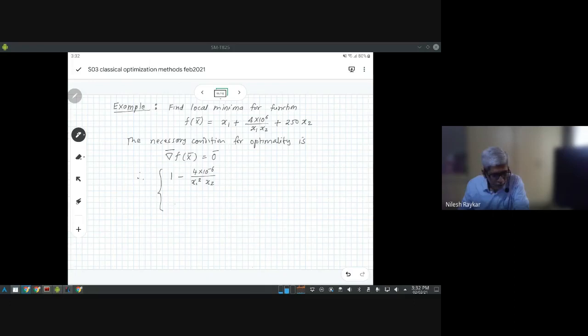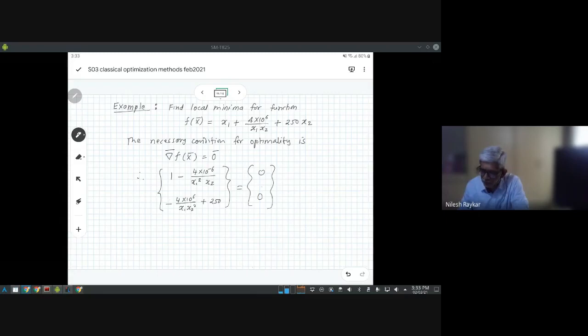When you differentiate it with respect to x2, you will get minus 4 into 10 to power 6 by x1 x2 square plus 250. So this should be equal to 0.